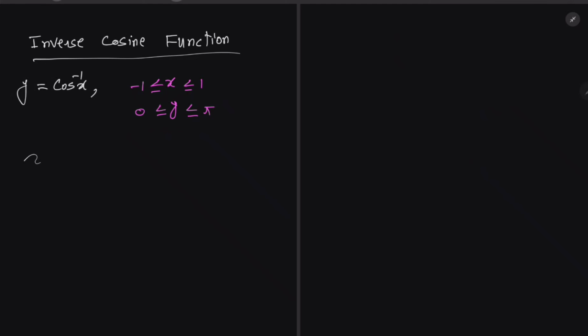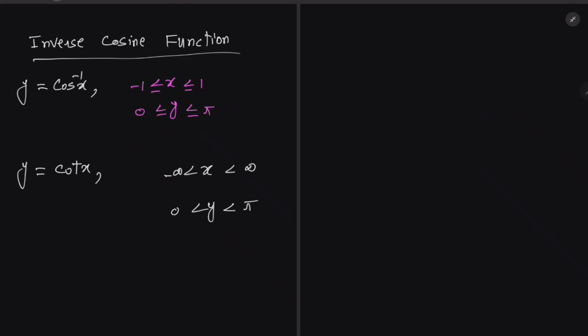And similarly, for y is equal to cotangent x, cot x, in that case, x is minus infinity to infinity, and y is 0 to pi.